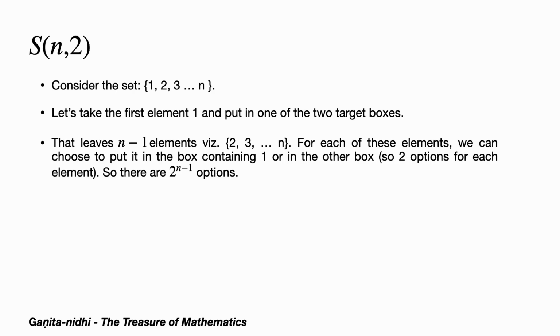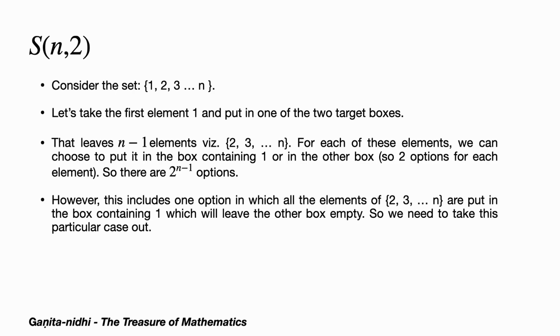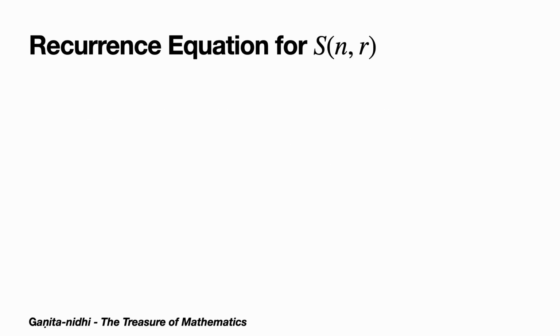So there are 2 options for each element, and in total there will be 2 raised to power n minus 1 options. But remember, we've overcounted, because this includes one option in which all the elements from 2 to n are put in the box containing 1, which will leave the other box empty, which is not allowed. So we need to take this particular case out, and so n subset 2 will be 2 raised to power n minus 1, and from there we take out 1.